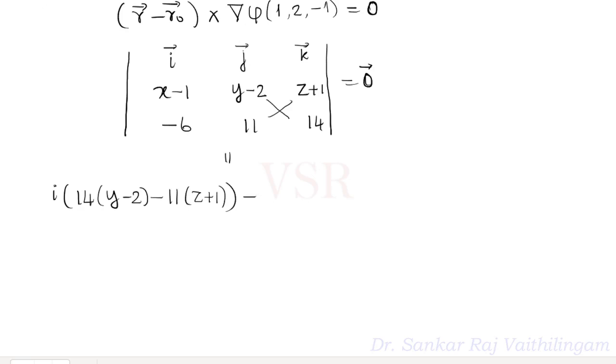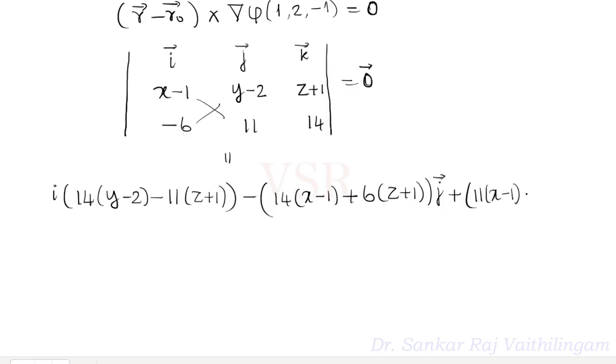Since I put a minus there, I will write this first. So this is 14 times x minus 1 minus, at this position it becomes minus, so plus 6 into z plus 1, into j vector, plus k vector, which is 11 times x minus 1 plus 6 times y minus 2 into k vector.